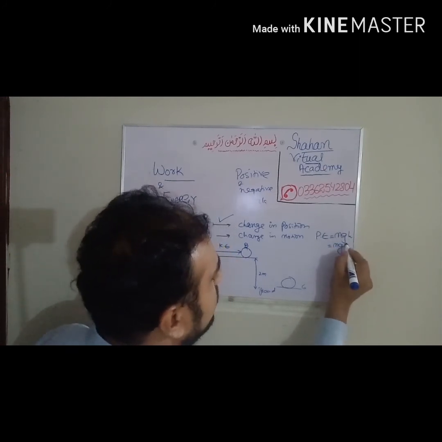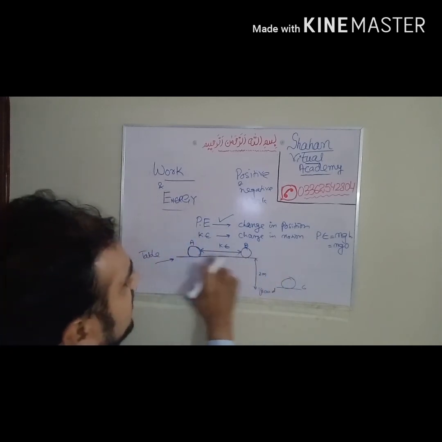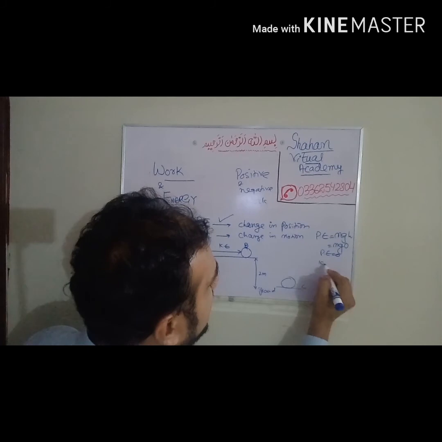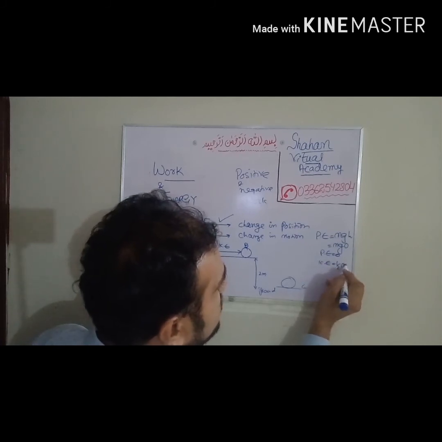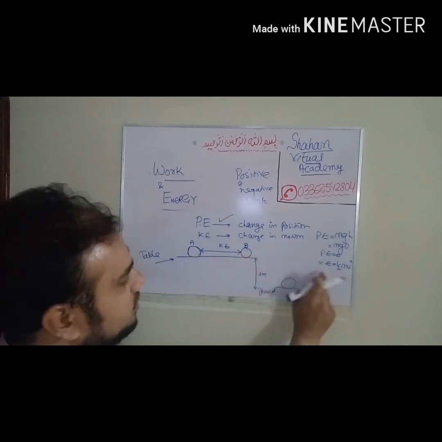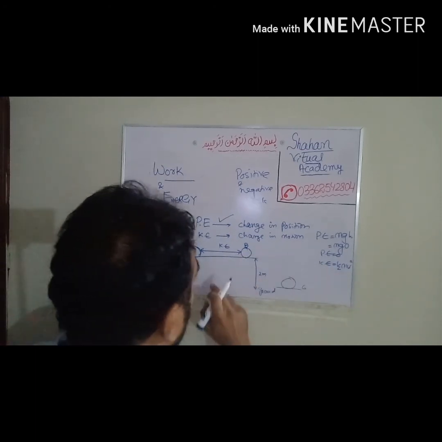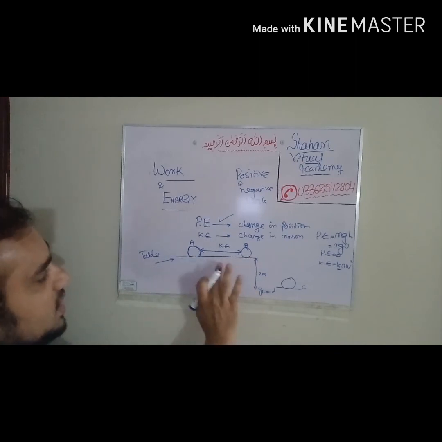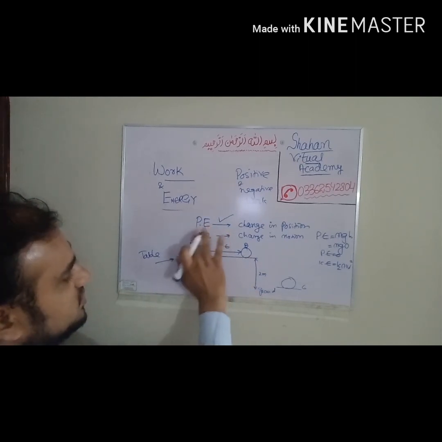Here the height is the same in the kinetic energy case, so potential energy stays the same. But kinetic energy, which is half m v squared, changes with the velocity and mass. When the body is displaced at the same height, its kinetic energy changes but its potential energy remains the same.